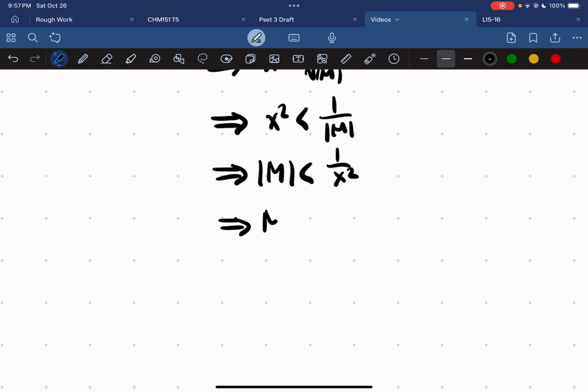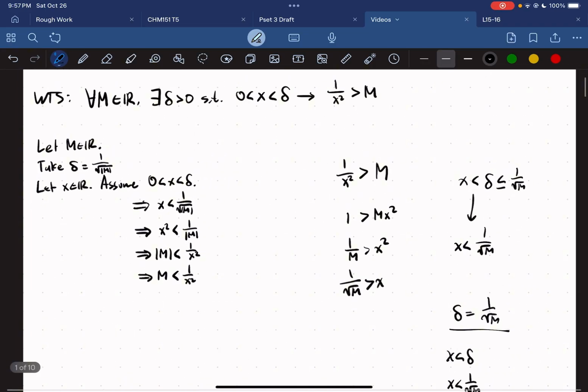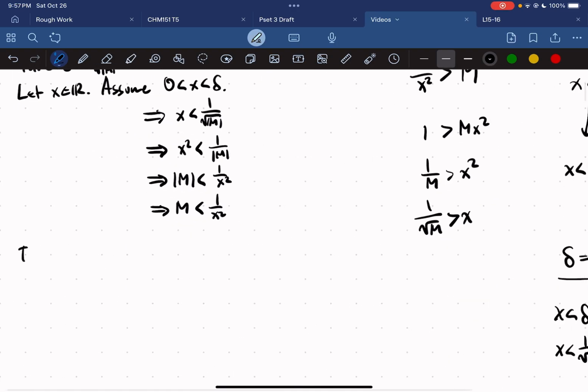Which implies that m is less than 1 over x squared. And then we see that literally just proves our rule. So therefore, m is less than 1 over x squared. And that's the end of our proof.